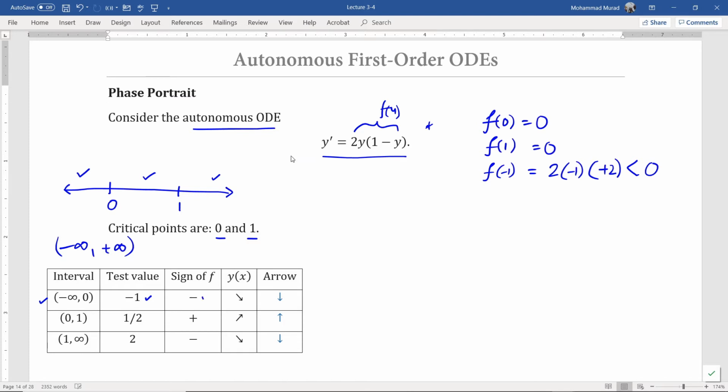So the sign of the function f is negative. This means that y prime on this interval, negative infinity to 0, is negative. And this means from calculus that y of x must be a decreasing function. And this is indicated by this arrow.